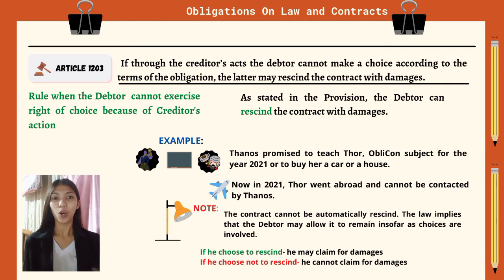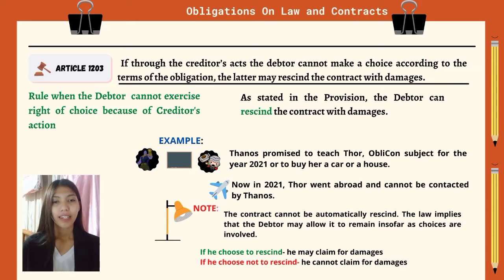damages. Note, ang giingon lang is may rescind. It means nga dili siya automatic nga ma-rescind ang contract. The law implies that the debtor may allow it to remain in force insofar as the possible choices are involved. So if he chooses not to rescind, he can either give or deliver his car or his house.